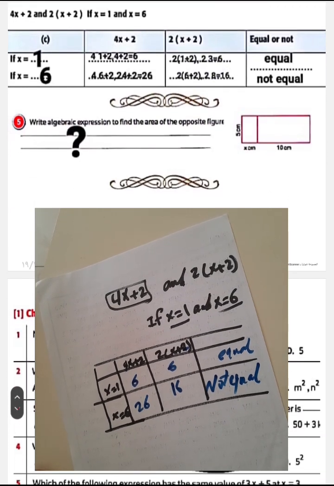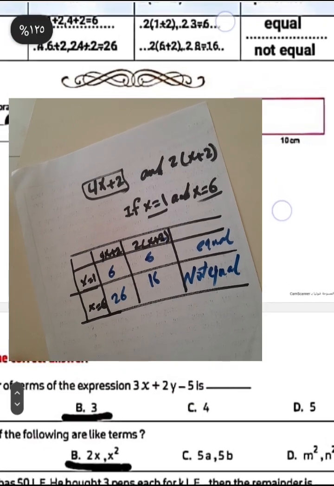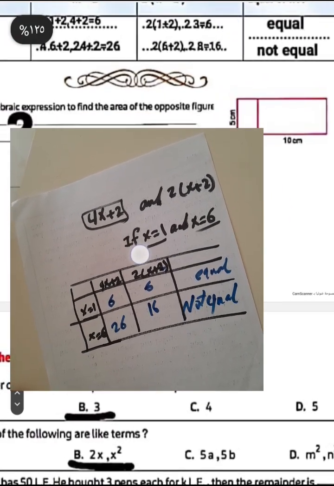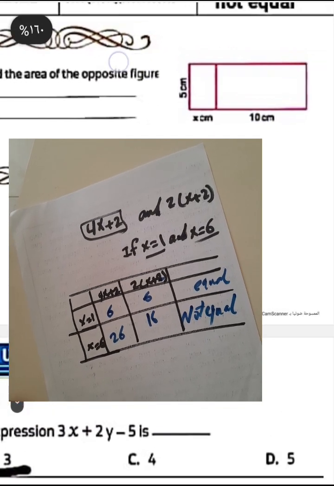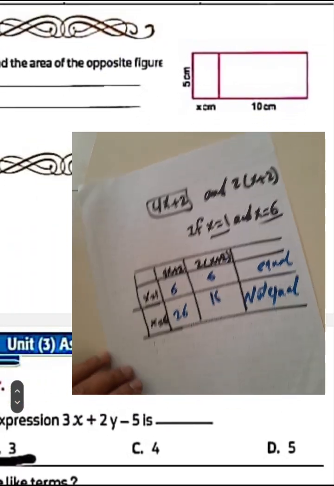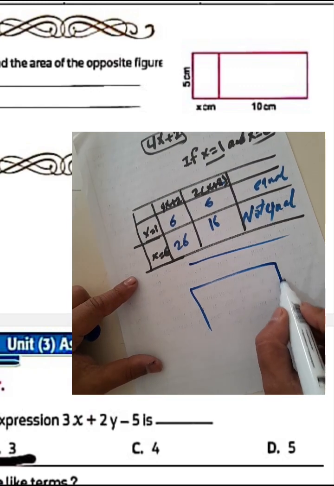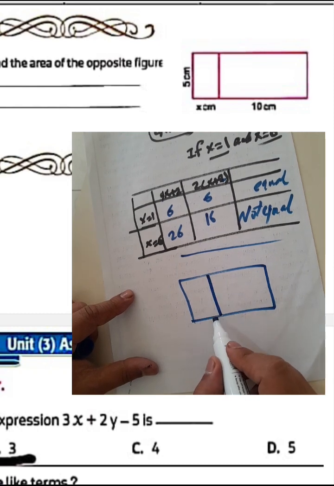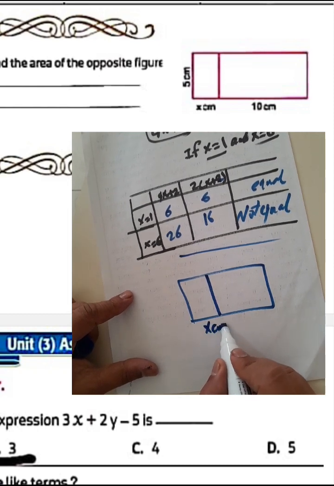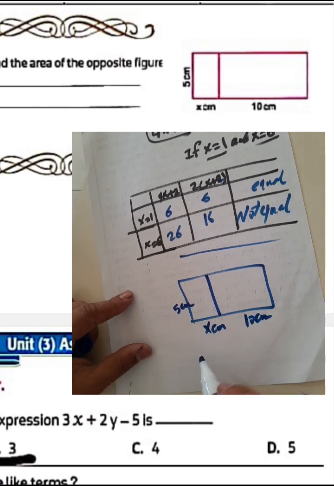Next question. Write an algebraic expression for this question. We want to find the area of the figure here. We have a rectangle divided into rectangles here. This side x centimeter and here 10 centimeter and it was 5 centimeter.